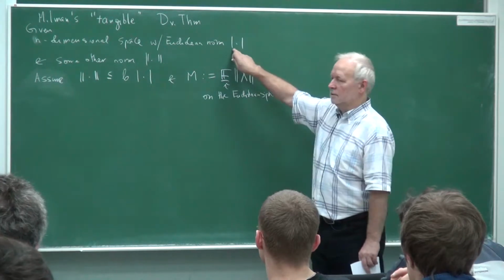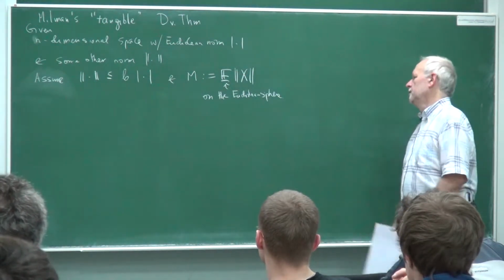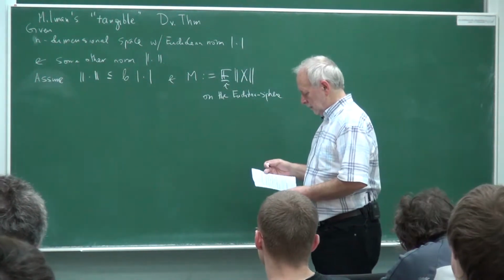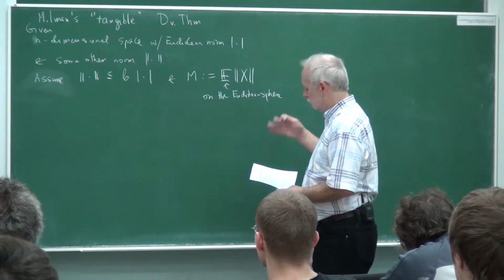The sphere is defined by the Euclidean norm, and then we take the expected value of the other norm over that sphere.